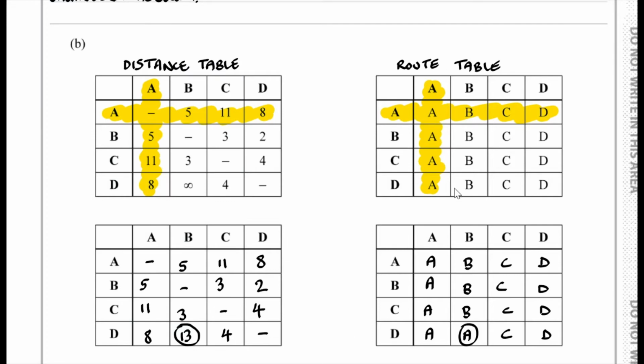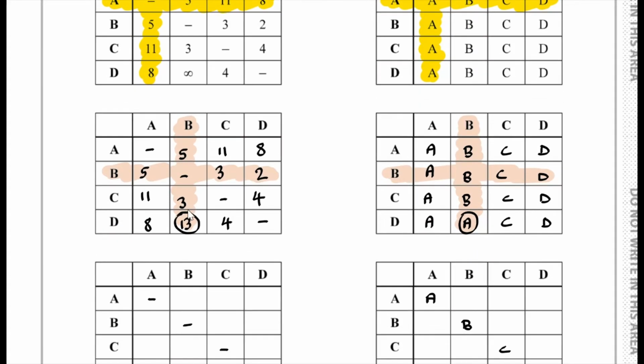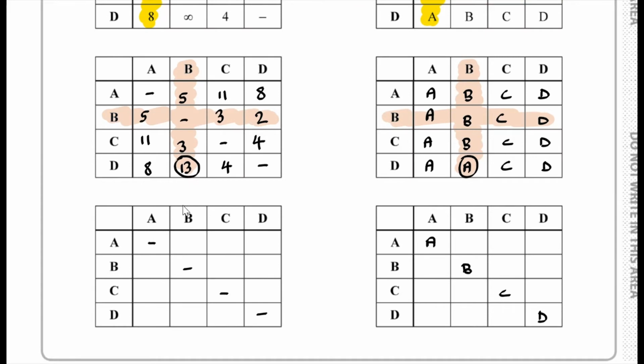Okay, so our next step is to look at B. So we shade all this in, same here, and here, and here. Now, wherever we have shaded over here, those remain the same.